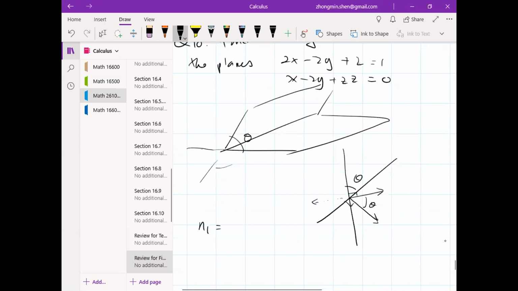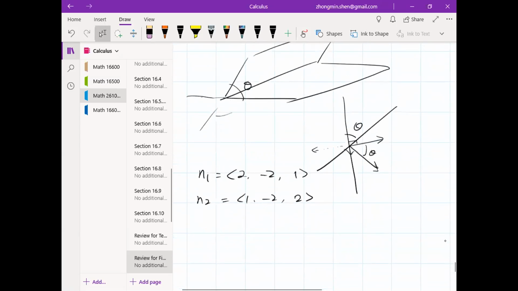So n1, a normal vector, is going to be (2, -2, 1), and n2 is (1, -2, 2).